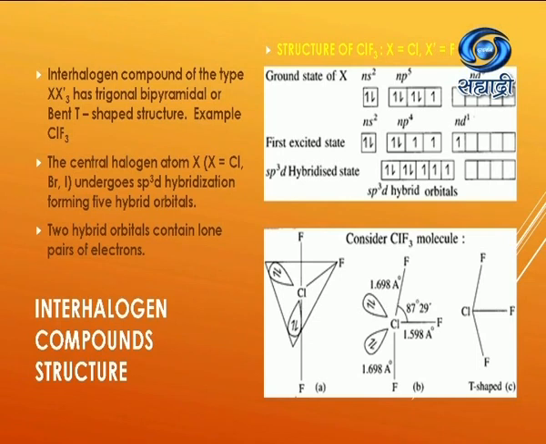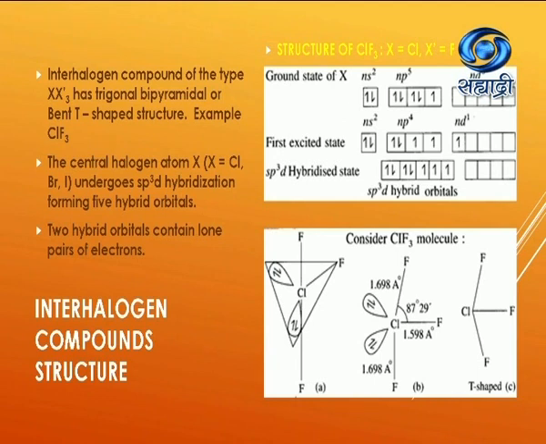It gives you a total of 5 sp3d hybrid orbitals, and so the geometry is trigonal bipyramidal. In the diagram you will observe trigonal bipyramidal. Out of this, 2 hybrid orbitals contain lone pairs of electrons. So if we exclude those lone pairs of electrons, you will observe a bent T structure for chlorine trifluoride.